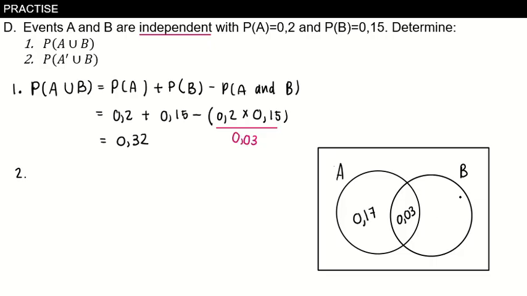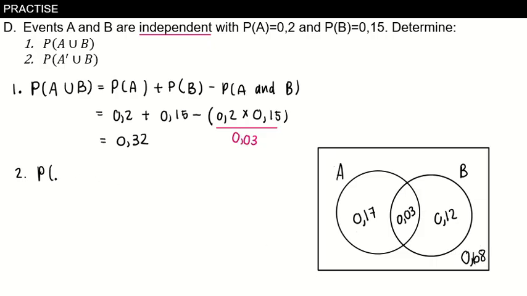The same with B. Since the entire event B is 0.15, we already took 0.03 from it, so it would be 0.12. What is the leftover? What are the outliers? You can either take 1 minus the probability of A or B, or you can take 1 minus 0.17 minus 0.03 minus 0.12, then you would get 0.68.